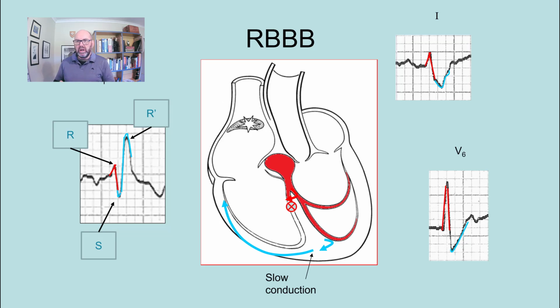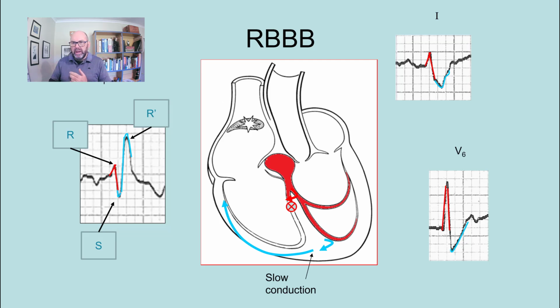Now the early depolarization of the left side of the septum moving to the right is unaffected. Likewise, the initial activation of the left bundle branch happens just like it would normally. And so the early part of the depolarization sequence is largely unaffected. The early part of the wave in all three leads we look at is still going to be less than 0.04 seconds.